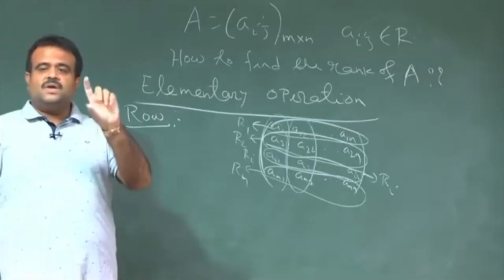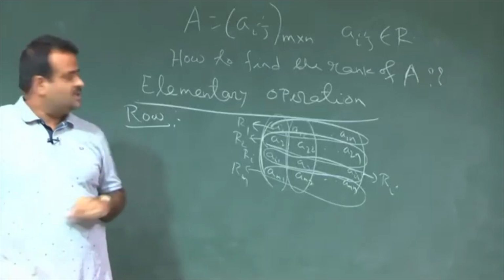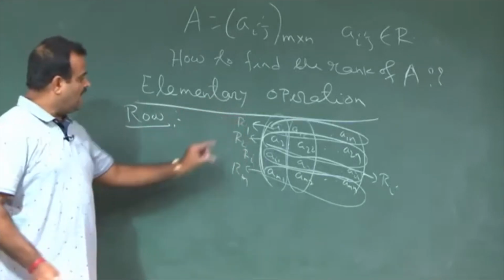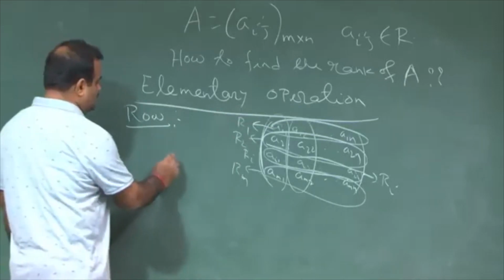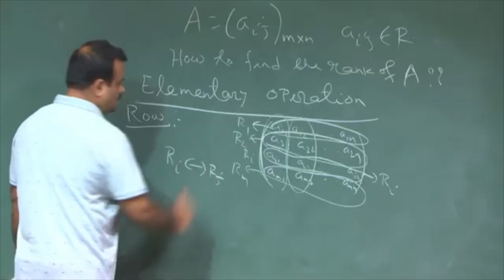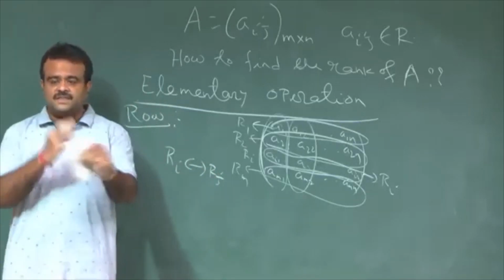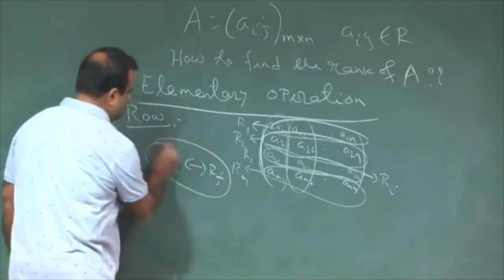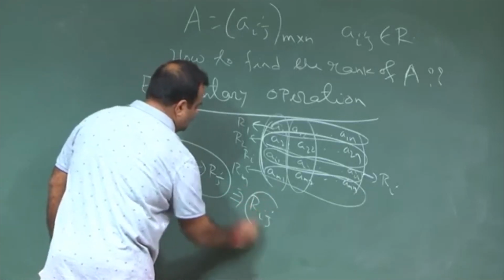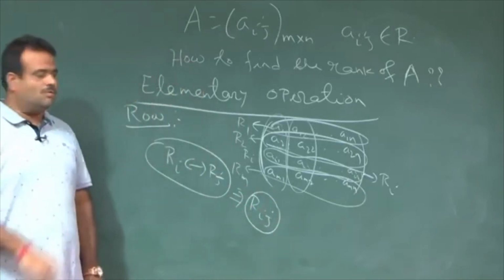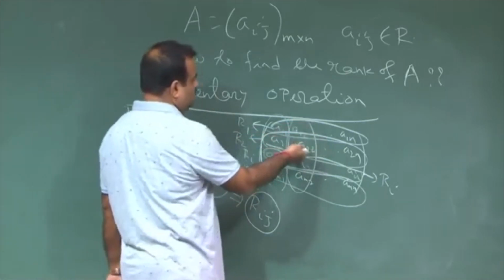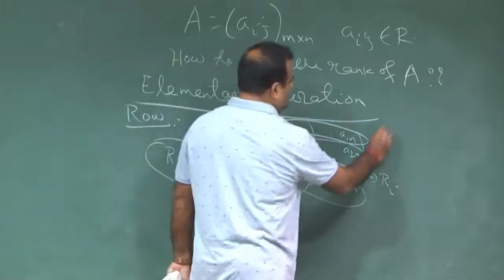Now, elementary row operation means we can do three types of operation. One is we can exchange two rows, say we can exchange the first row with the second row, or the ith row with the jth row. This is referred to as Rij. If we exchange the first row and second row, the first row will come to the second and the second will go to the first. That is referred to as R12.